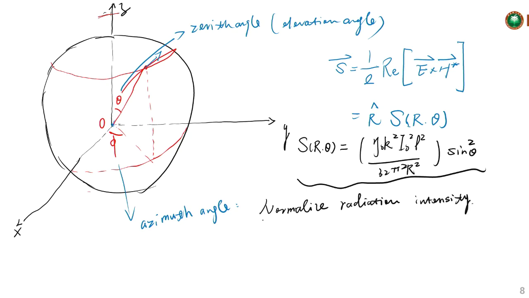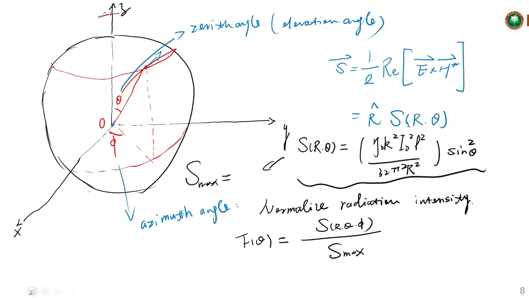It can be expressed as f(theta, phi), which equals the power density divided by the maximum of that. For this one, the maximum equals this constant, so this equation finally equals sin squared theta.